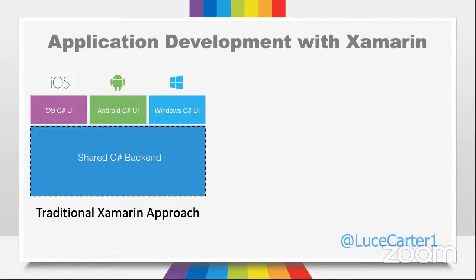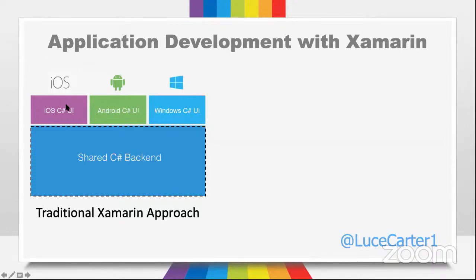Today, we're going to focus on mobile only, just because that's kind of where the history of Xamarin comes from. It started out life as part of the Mono project with Mono Touch, and then it slowly evolved over the years, before it became part of the Microsoft umbrella in 2016. But the problem with this traditional approach is that you've still got the individual UI layers.